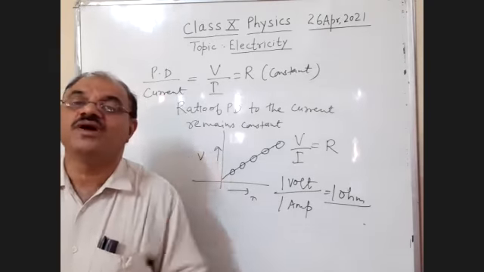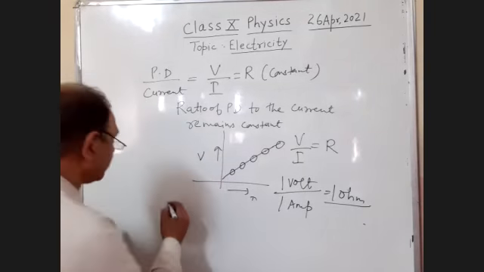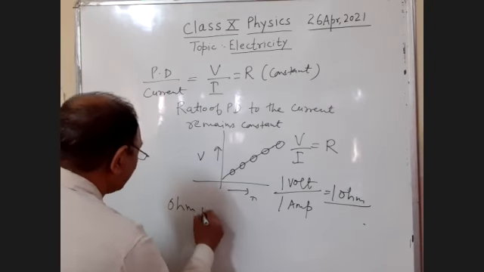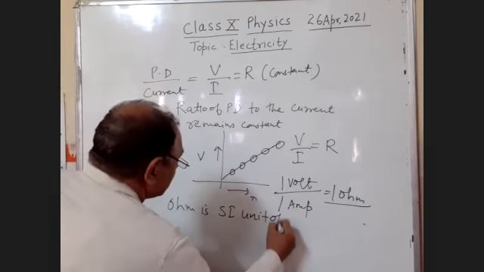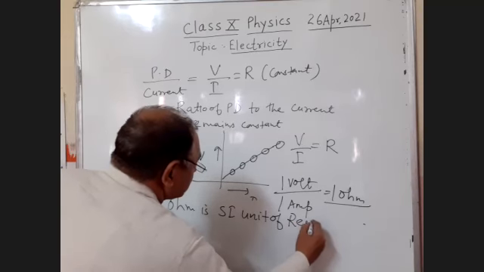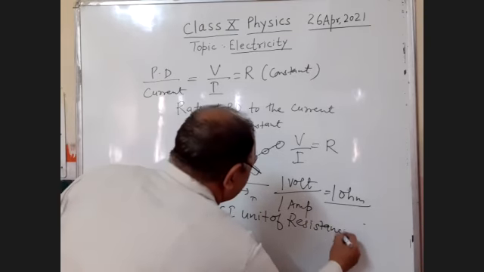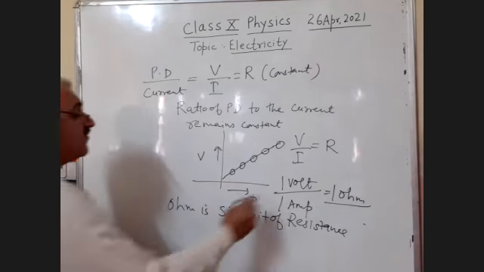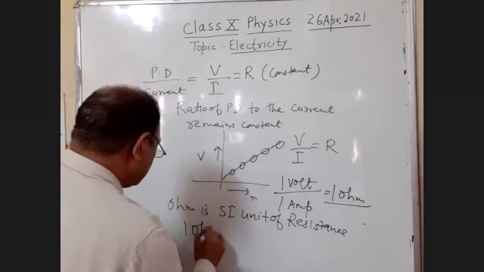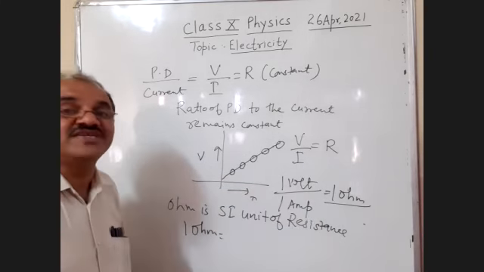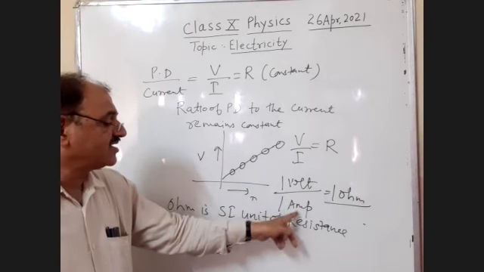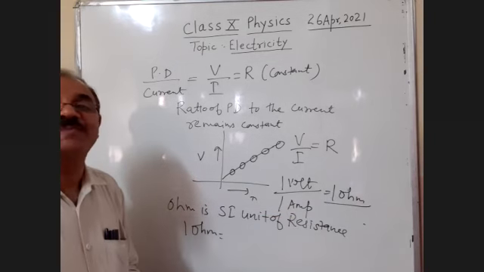Is it clear, students? So we have concluded the definition of the resistance of one ohm. Ohm is the SI unit of resistance, and 1 ohm is that resistance when 1 volt of potential difference is across the conductor when 1 ampere of current passes through that.